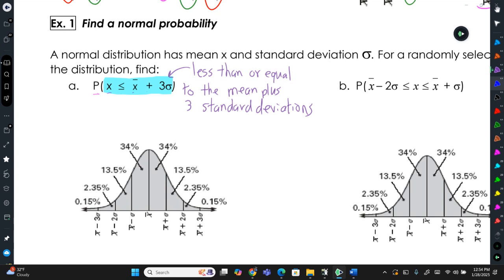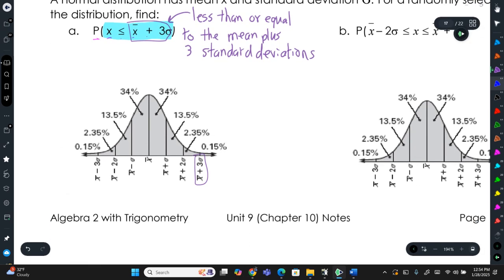So what we're going to do is look for this symbol down here. Okay, it is right there. Now we want everything smaller, to the left of that. So we want all of this area to the left.